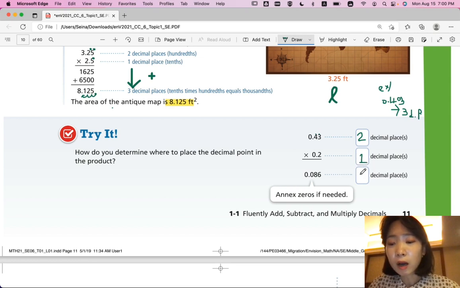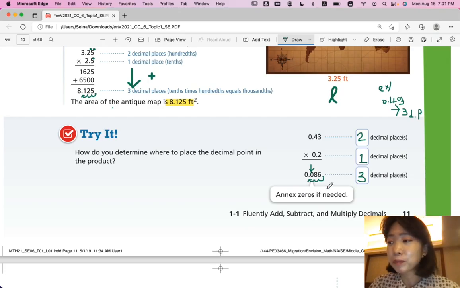And you add them all up, your answer should have 3 decimal places total. So counting from here, from your last digit, you're going to go 1, 2, 3 decimal places to the left, but you're going to annex a 0 in your answer if you need it. So when you multiply 43 times 2, you just get 2 digits, 8, 6, right? But you need to put 3 decimal places from 6. That means you need to add a 0 here, and you have to add a decimal place before 0.